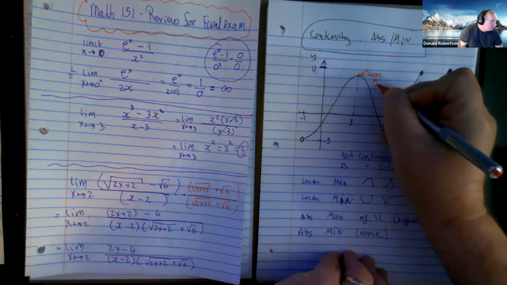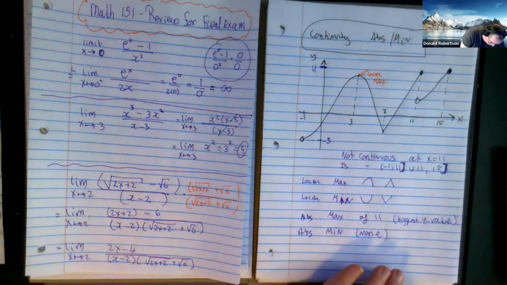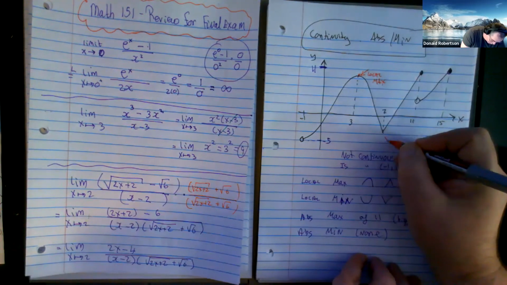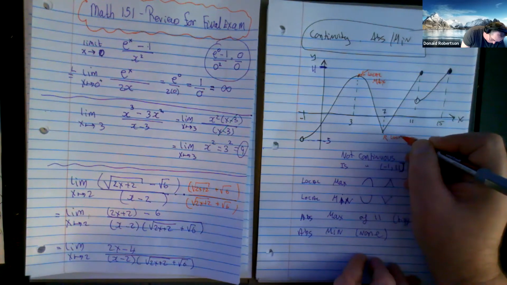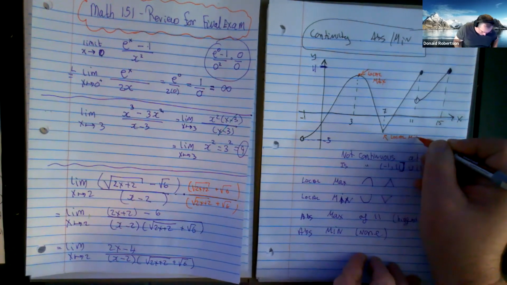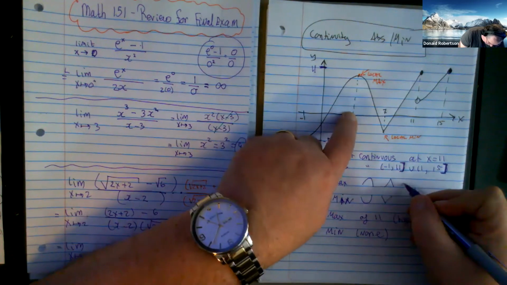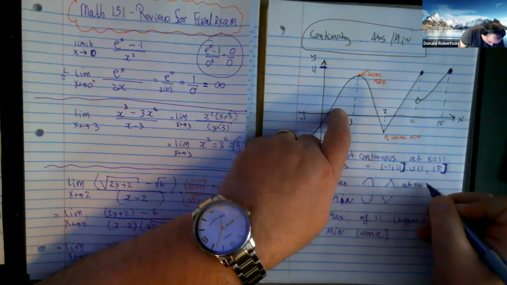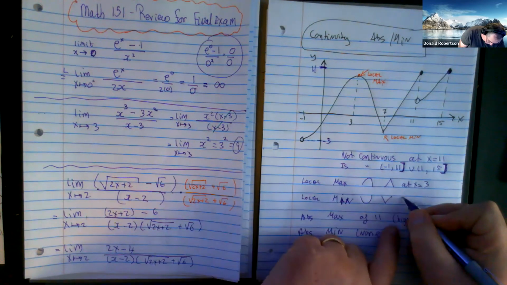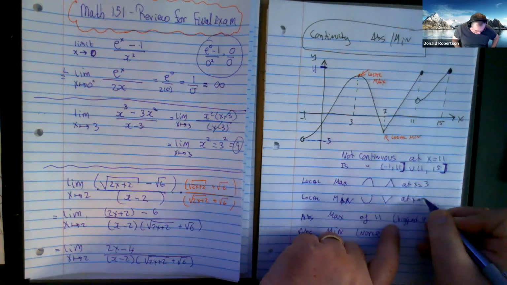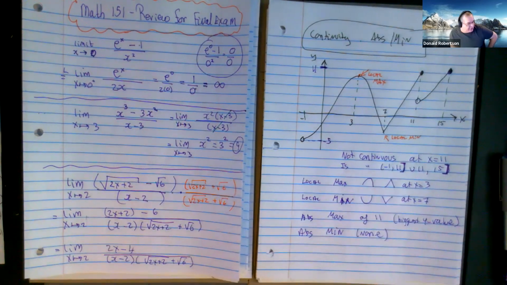Would you agree? And wouldn't this point here be a local minimum? So I could tell you that there's a local maximum at, say, x equals 3, and there's a local minimum at x equals 7. And as far as I'm concerned, that is it.